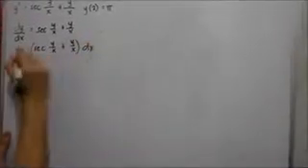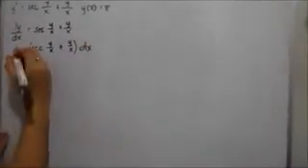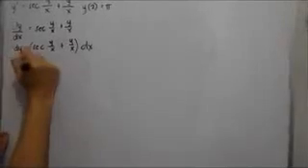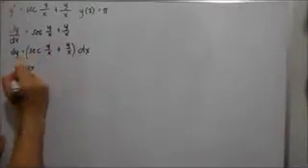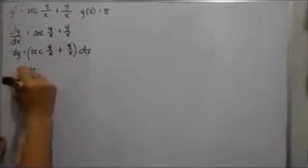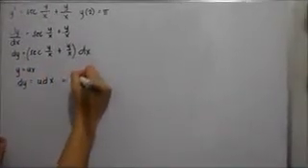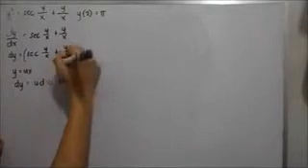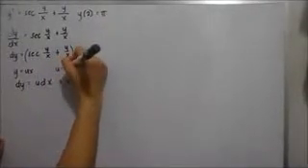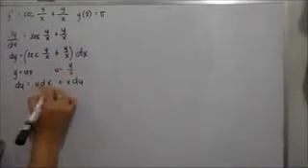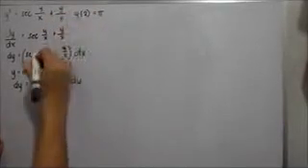Since it is a homogeneous differential equation, y is equal to ux. Derive y: dy is equal to u dx plus x du. And u is equal to y over x. Substitute this to the given equation.